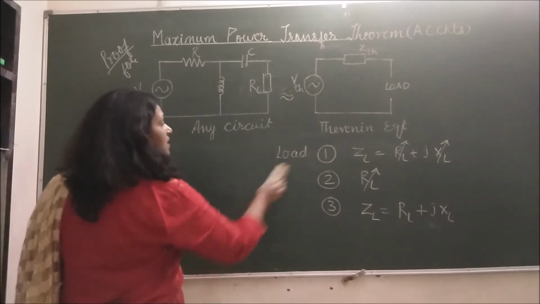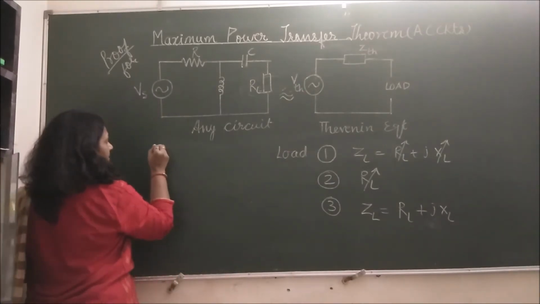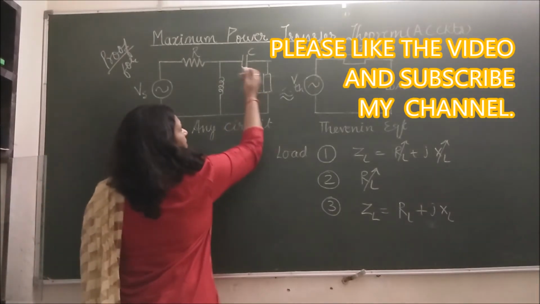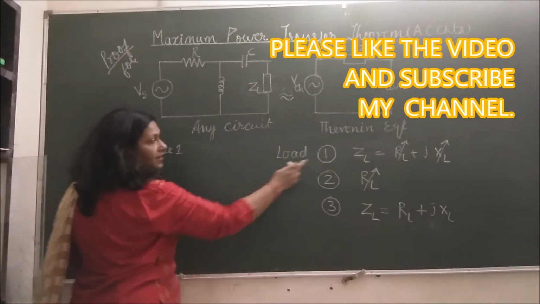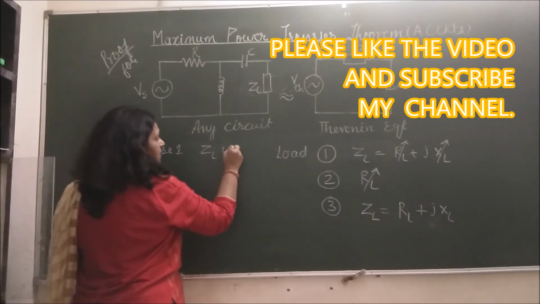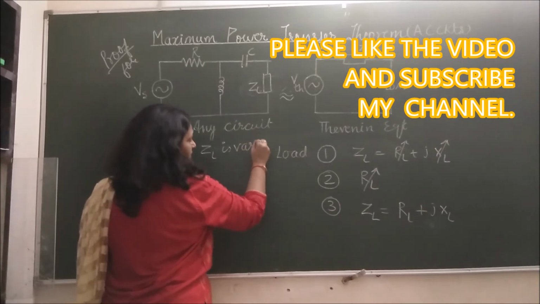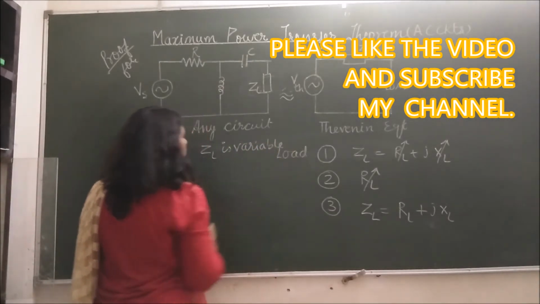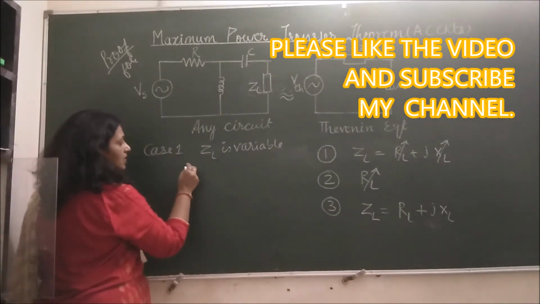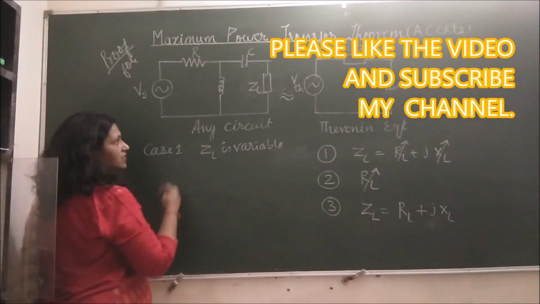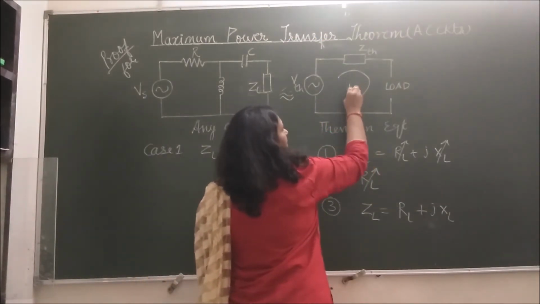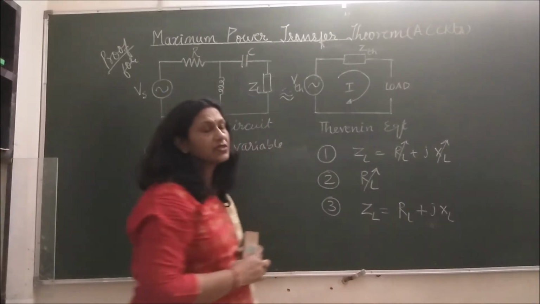So consider case number 1, when the load is ZL and both components are varying, or you can say ZL is variable. To find the condition for this, we first write the equation of current in the Thevenin equivalent of the circuit.